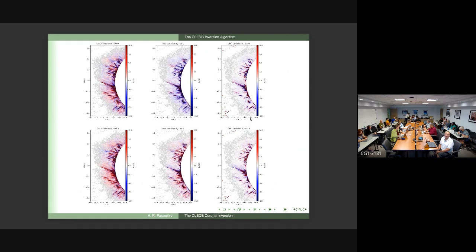Have you started doing some very basic validation, where you take the vector magnetic fields and then forward model it and get I, Q, and U back compared to the observations that you used? I would need to do that using only models, not models and observations, because extrapolations are extrapolations and they're not compatible with what you actually see there. You couldn't integrate again and get back what CoMP should see?